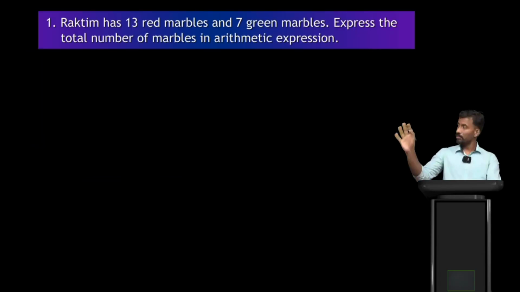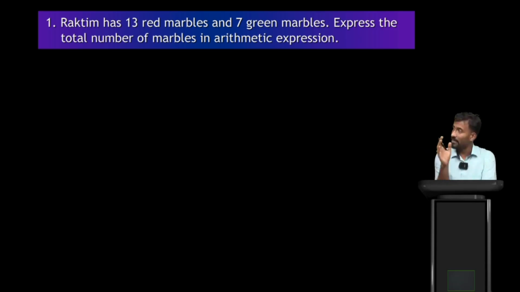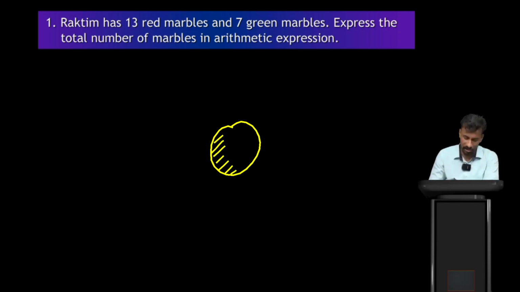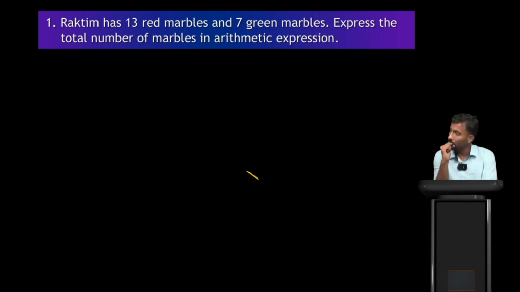Next, there is a question for you. The question is that Raktim is a boy. Raktim has 13 red marbles. Marbles are sphere shaped, so these are called marbles. So 13 red colored marbles are there, and he has 7 green marbles.